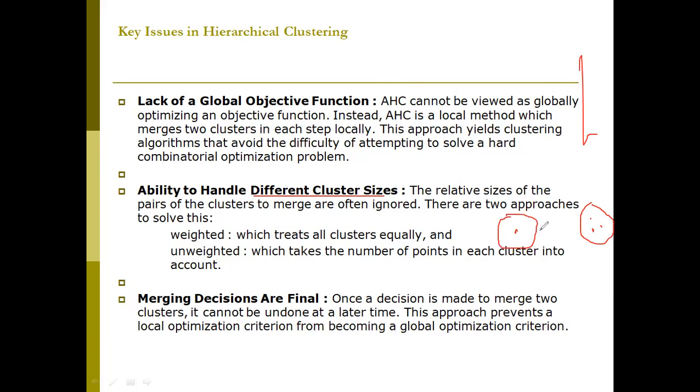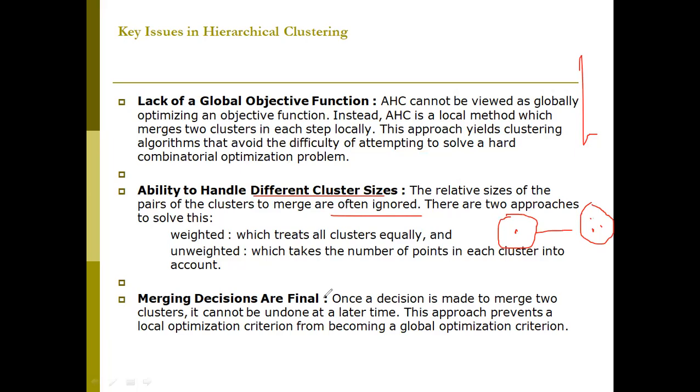So you need to combine these two clusters regardless of size. So the relative size of the pairs of clusters to merge is often ignored. We won't consider the sizes of the clusters while combining them.